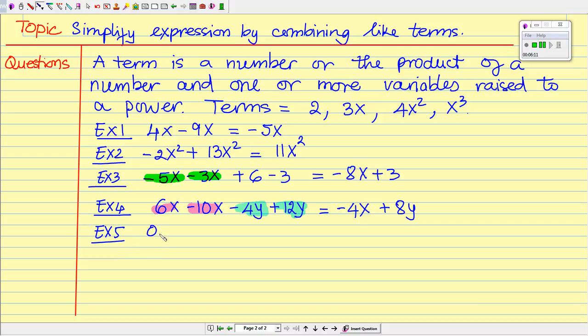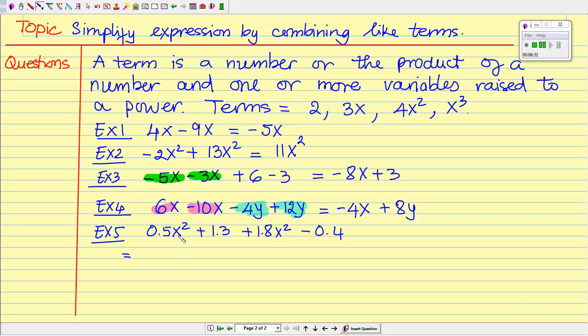Here we have 0.5x squared plus 1.3 plus 1.8x squared minus 0.4. The first thing we are going to do is rearrange the expression so that all the like terms are next to each other.